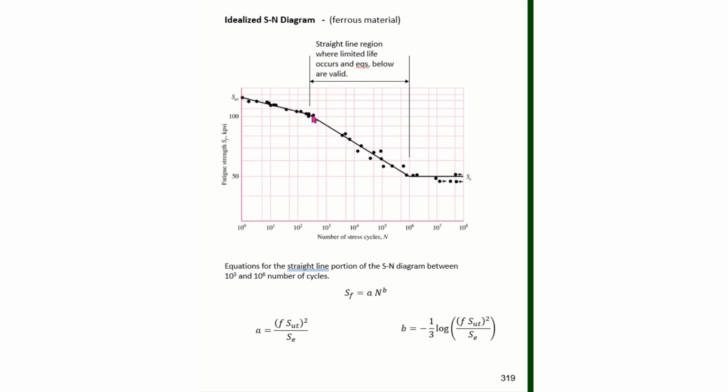So we could come over and mark this inflection point here as F SUT. And again, the F is typically between 0.8 and 0.9. And so given our material and our endurance limit, we could compute the fatigue strength associated with a number of cycles. You will use these equations a lot in our analysis.